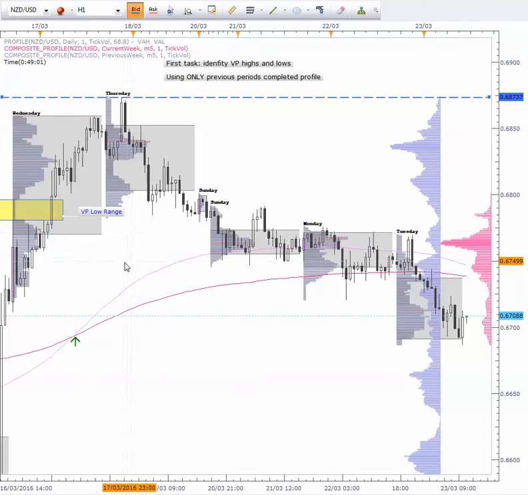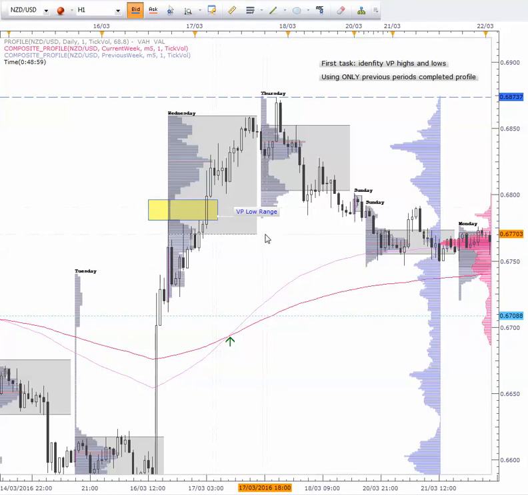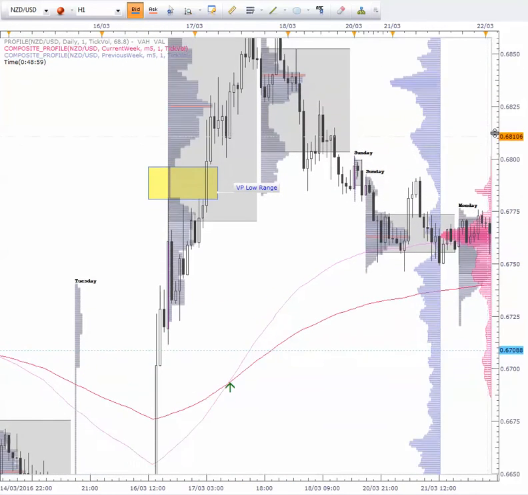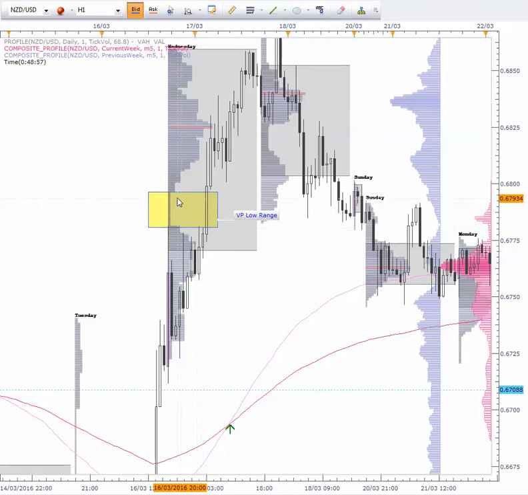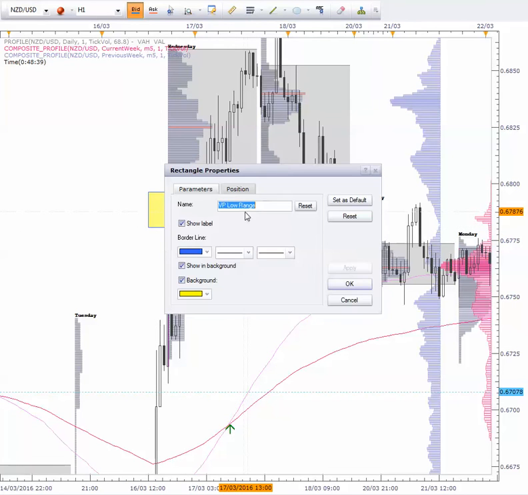Whereas when I look at the volume profile high and low, I get a range. And this range happens to be, in this case, a 15 pip range.